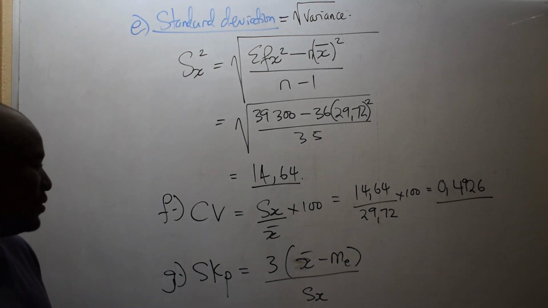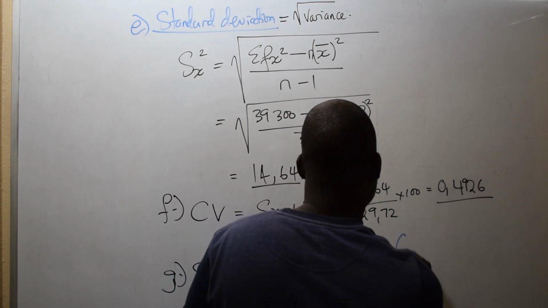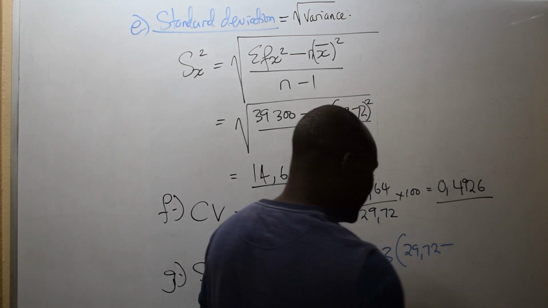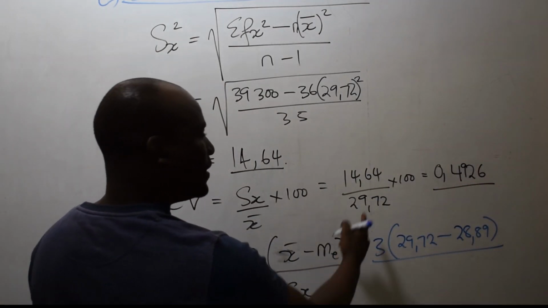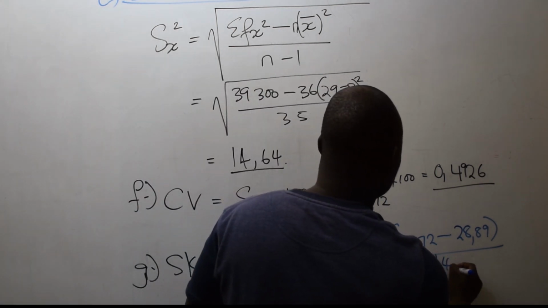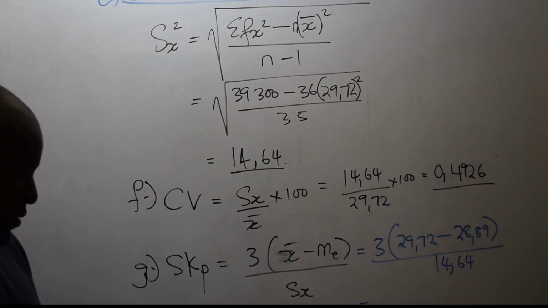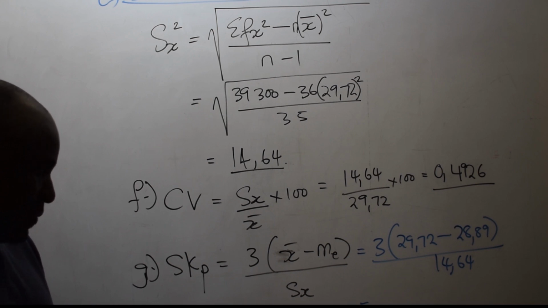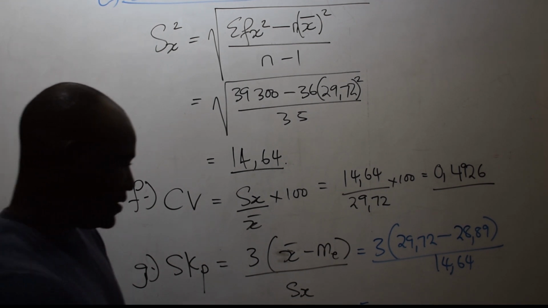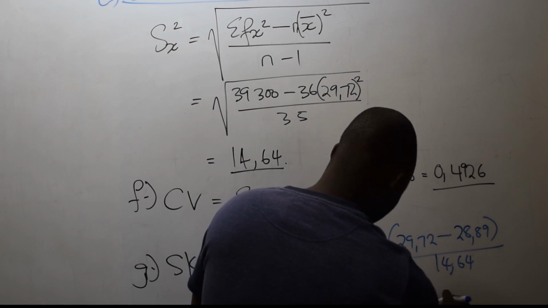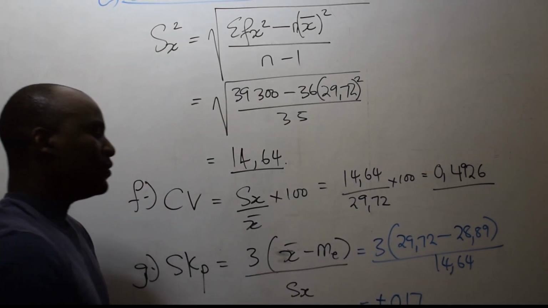So this is going to be equals to 3 multiplied by our mean 29.72 minus the median 28.89, and then we divide by the standard deviation, which is 14.64. That's going to be positive, plus 0.17.